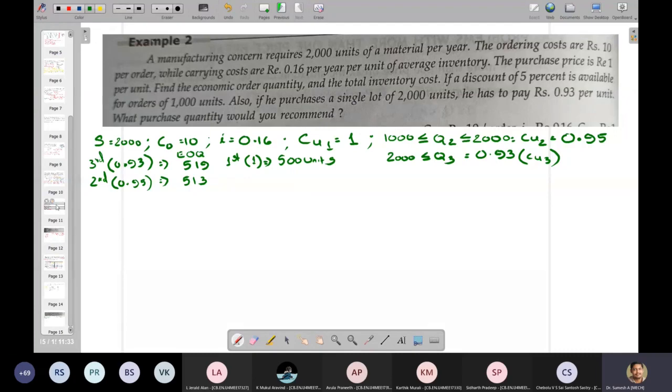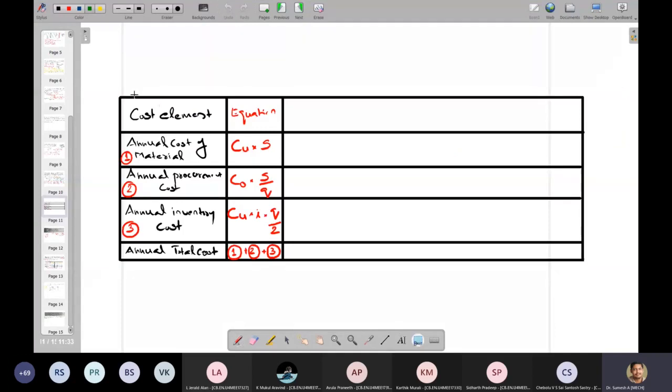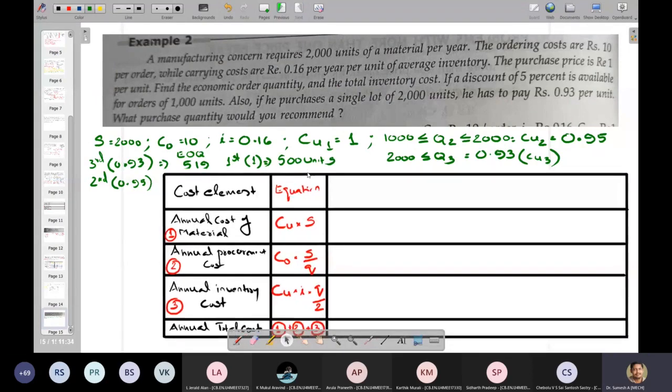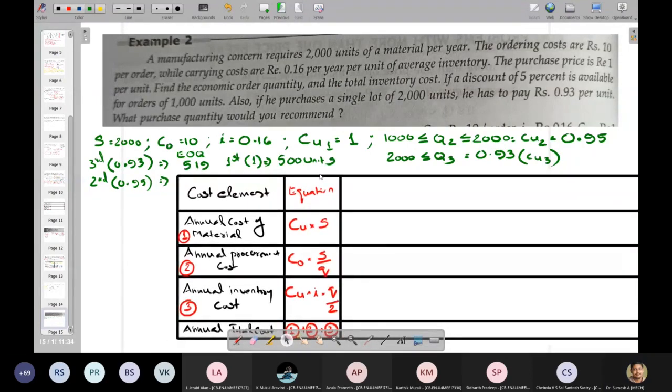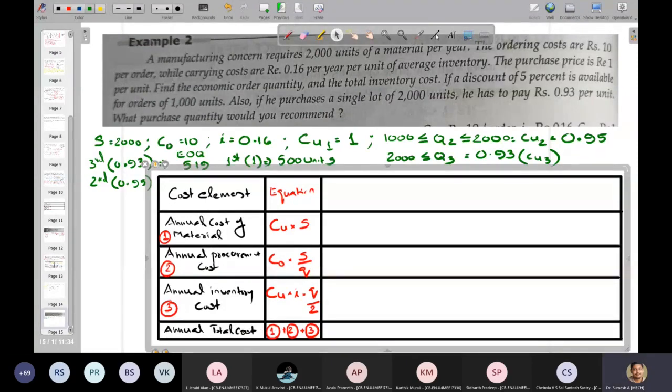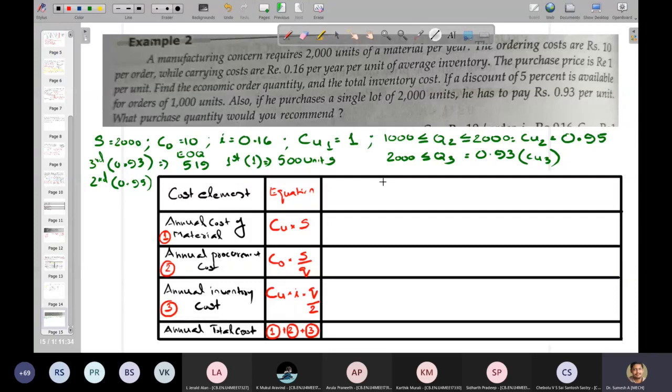If that is the case, again you need to put the table, or you can calculate the annual total cost for the three criteria. So what are the three criteria?